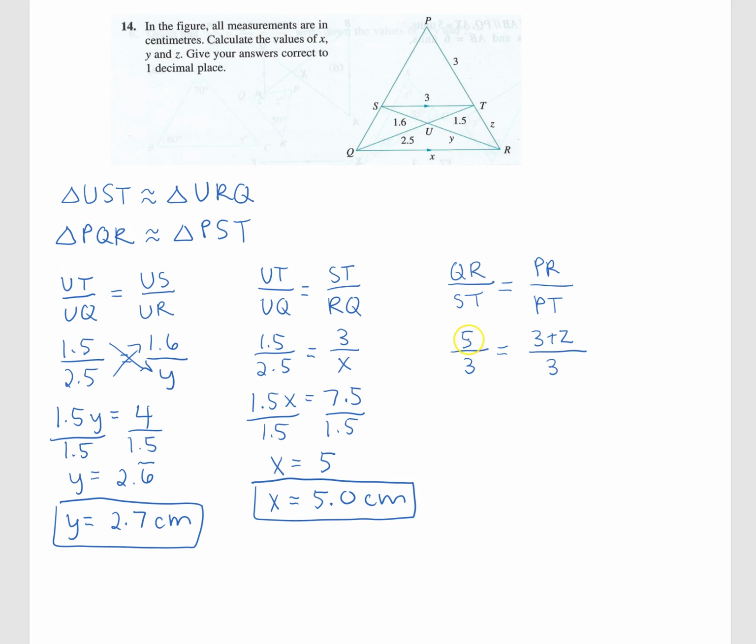So we're dividing both sides of our equation by 3, so that just cancels out, and we're left with what's on top, which is 5 equals 3 plus Z. So now we can just subtract 3 on both sides, and we get 2 is equal to Z. And again, putting units on there and going correct to one decimal place, Z is equal to 2.0 centimeters.